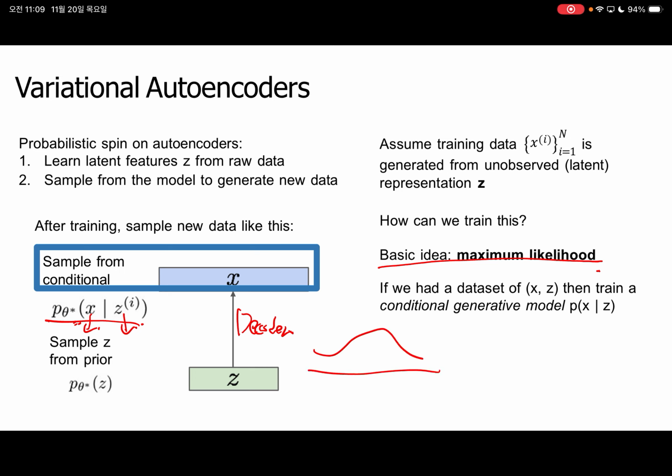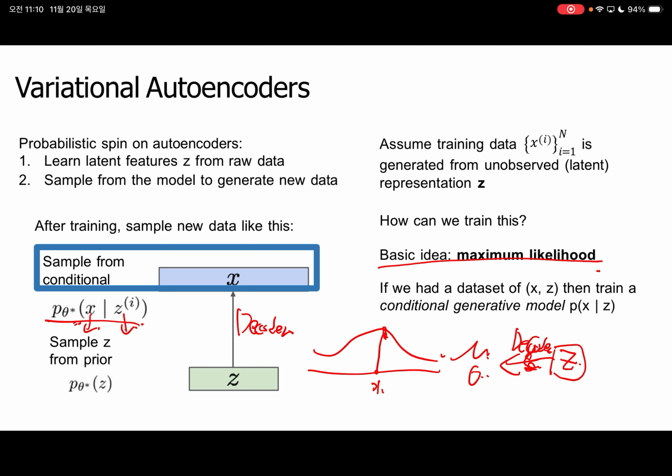Let's say we have a Gaussian distribution, and let's say this is from Z, which goes through the decoder. It might output roughly a mu and sigma that describe a normal Gaussian distribution, and the point X is at the mean position, so that it has the highest probability.